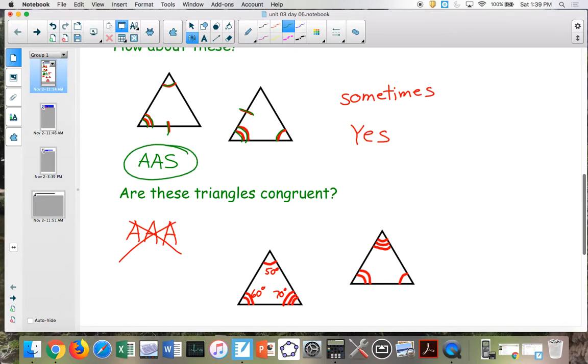So if we have all 6 pairs of corresponding parts congruent, we know the triangles are congruent. Even if we have 5 pairs of corresponding parts congruent, we still know every triangle is going to be congruent. And even with 4. But once you get down to only 3 pairs of congruent corresponding parts, that's where sometimes the triangles will be congruent, but not always. And so we have to break that down into what 3 things are we going to be given so that we know the 2 triangles will be congruent.